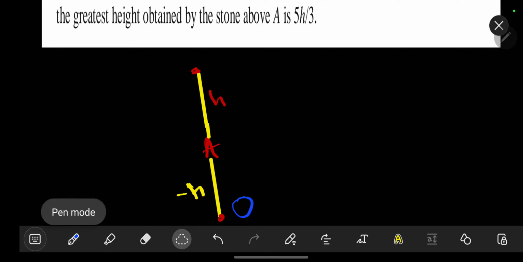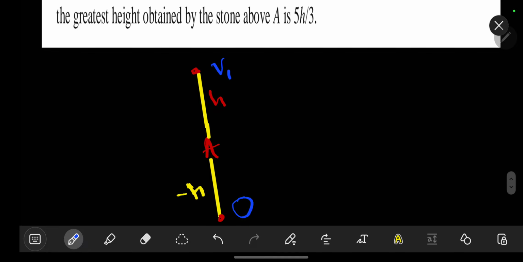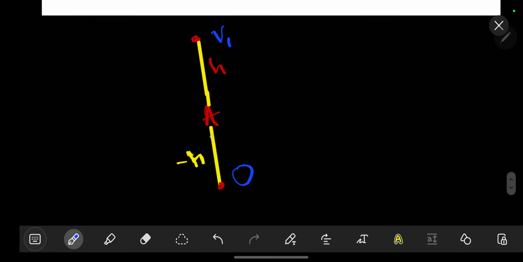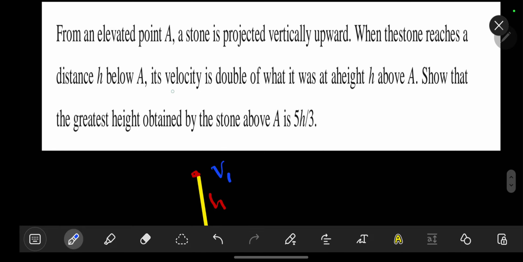So we can call this one our v1. Then below A, it is double according to what we have been given.